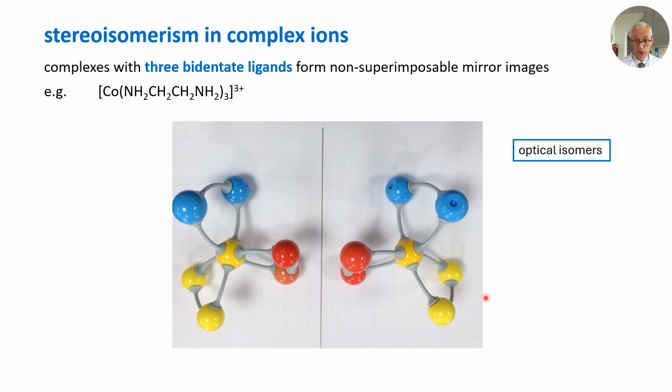It's easier to visualize looking at this model kit that if I pick up the right hand model, rotate it so that the red bidentate ligands match in terms of their space, you'll see that the blue bidentate ligand and the yellow bidentate ligands will not be in the same orientation across the two molecules. They are not identical.